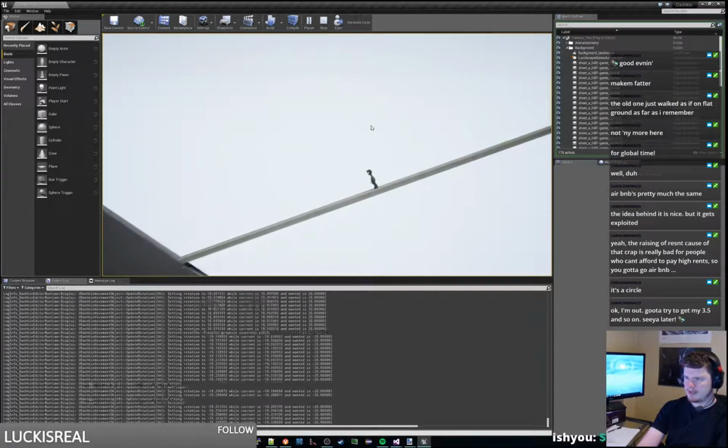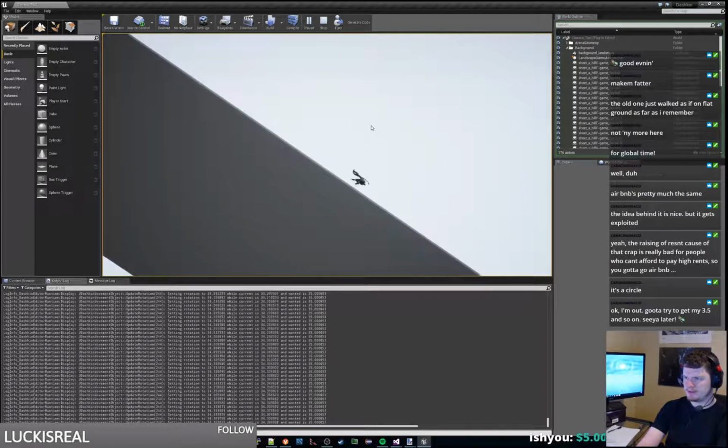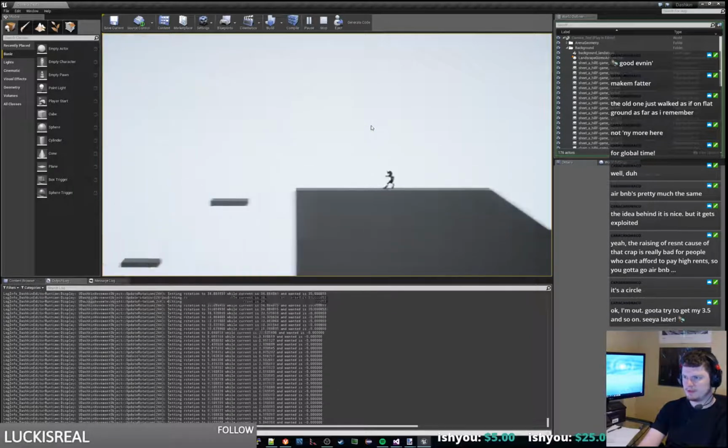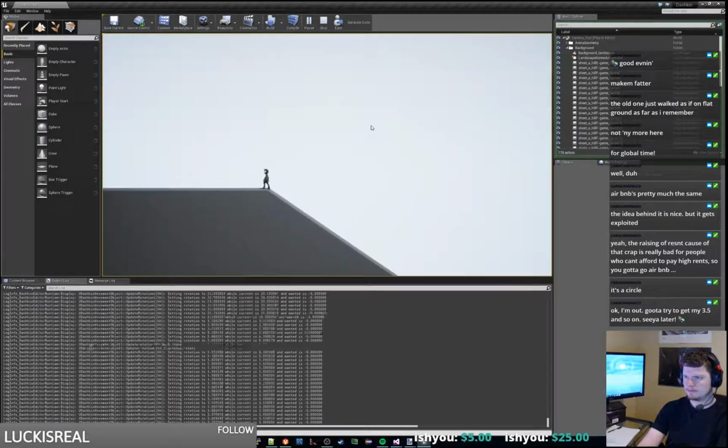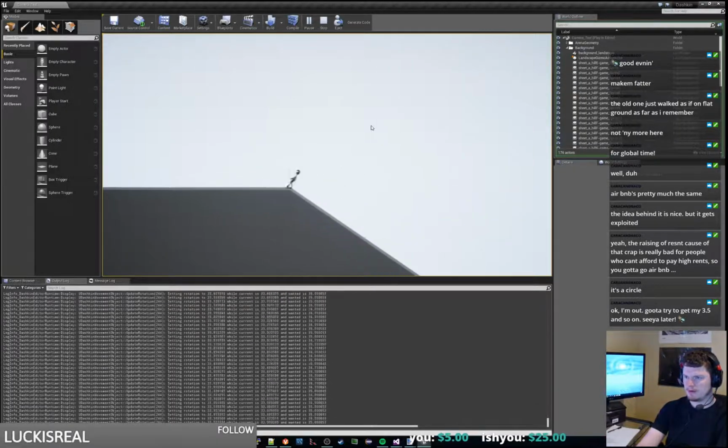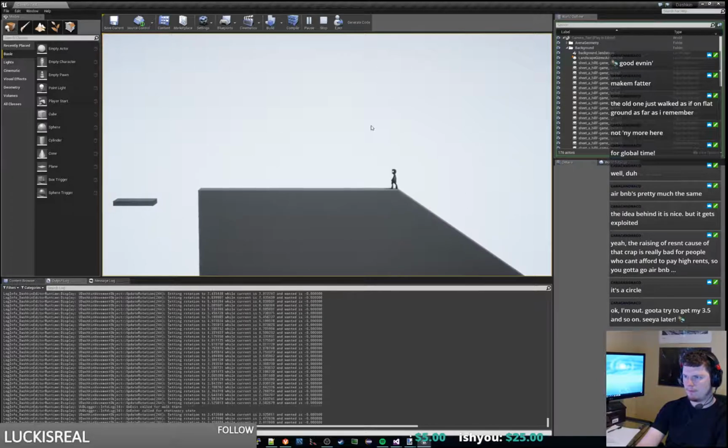Well, we could have the angle change amount is gated by the speed. So basically, the faster you're moving, the more that the angle can change. So if you're just walking, it wouldn't do anything.